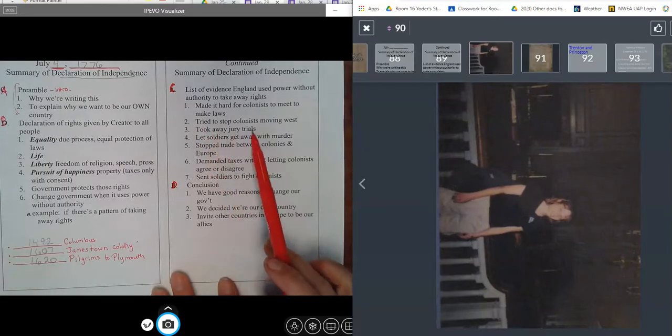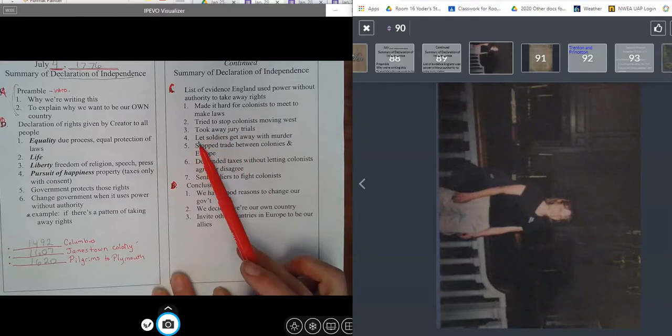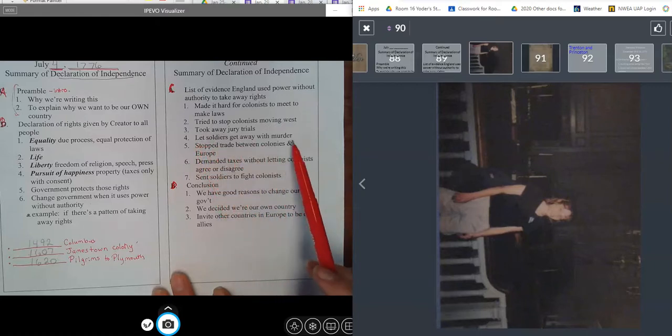So England took away the guarantee that Sam Adams and John Hancock would have a jury trial. The Declaration of Independence argued that England let their soldiers get away with murder. Well, let's see. Lexington, Concord, Bunker Hill.